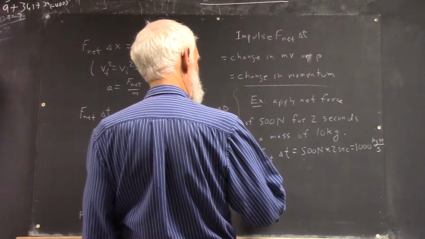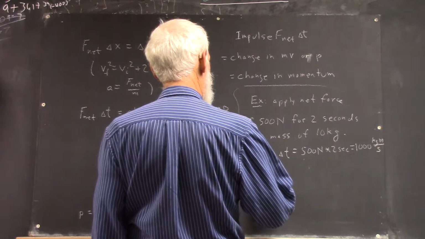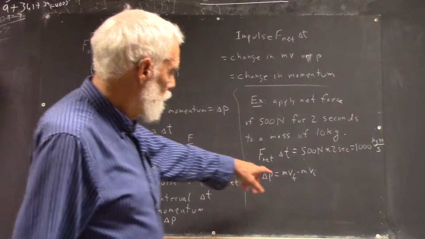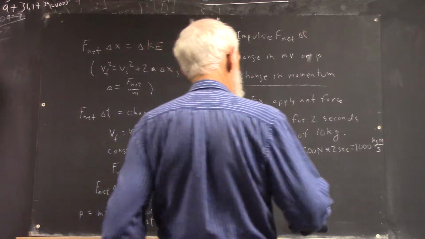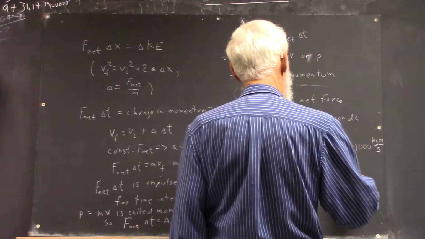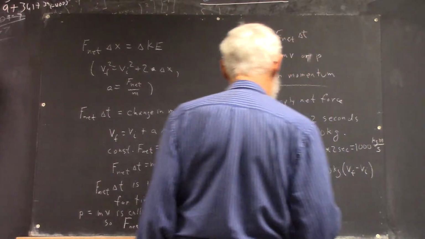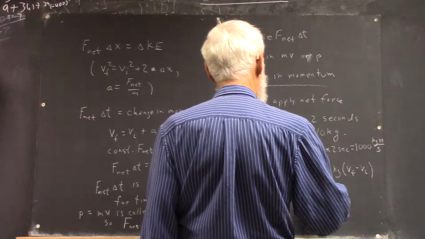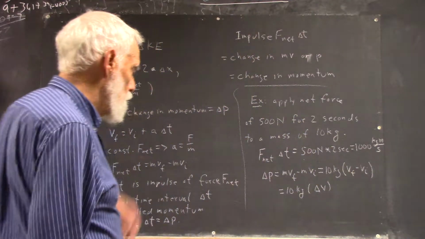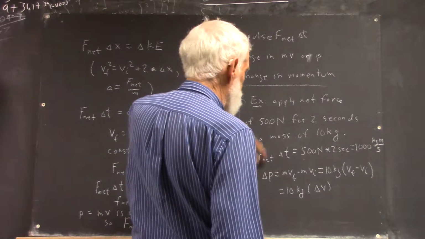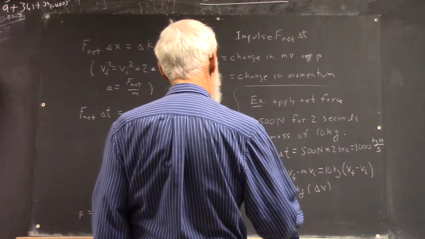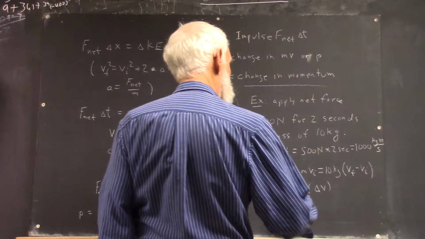Now, delta P is m vf minus m vi, which in this case, m is a 10 kilogram mass, so 10 kilograms times delta v. Well, impulse F net delta t equals delta P. Impulse equals change in momentum.